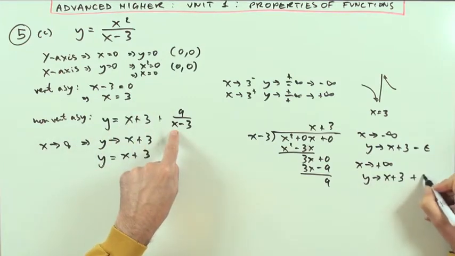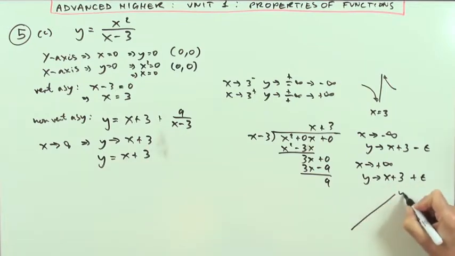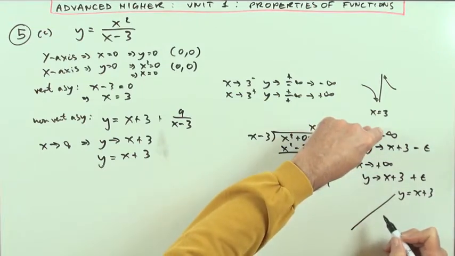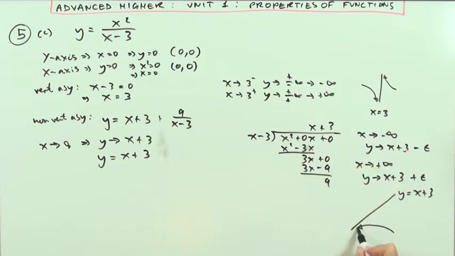Well, that'll be a positive amount, so it's going to be slightly higher than it. So if I had my sloping asymptote, y equals x plus 3, what this says is, as I head towards the negative end, I'm going to be coming up from below, because it's the line minus a bit, and that bit's going to get smaller and smaller. If I head to the positive end of x, I'm above it, homing in closer and closer to it.